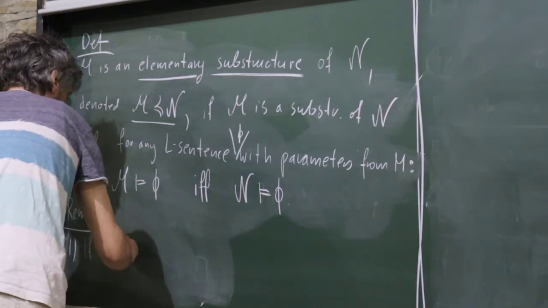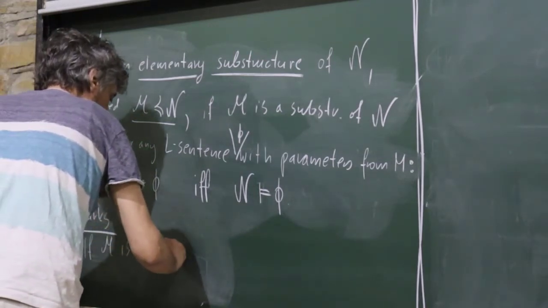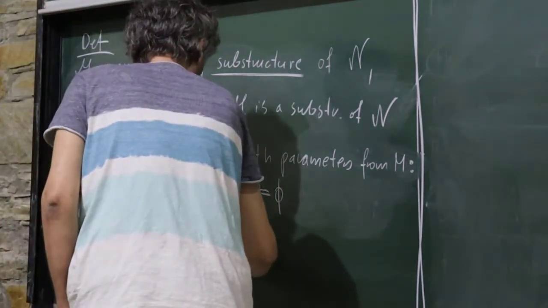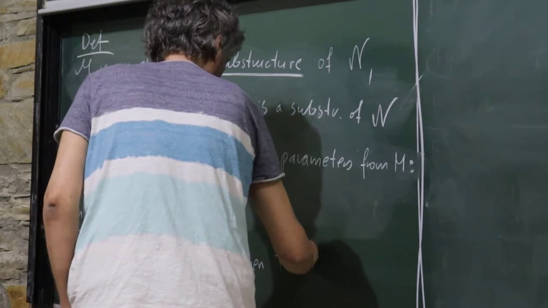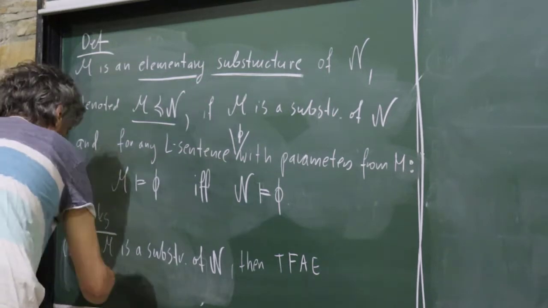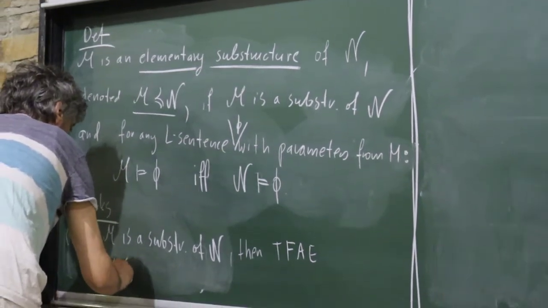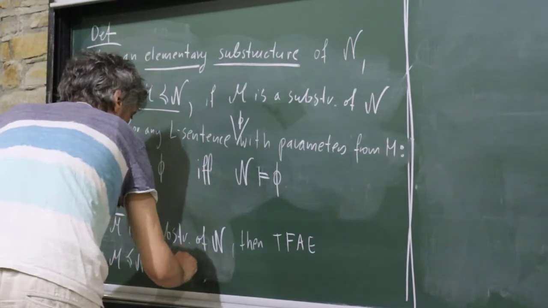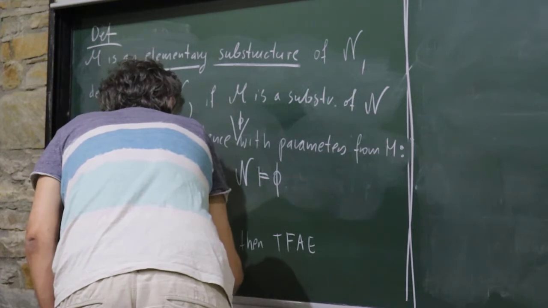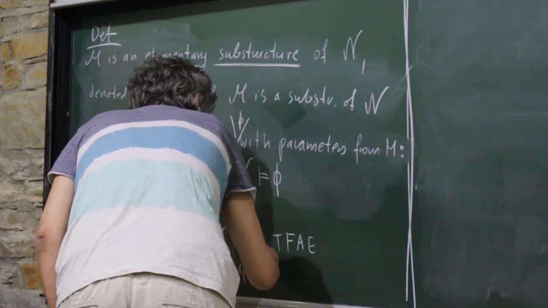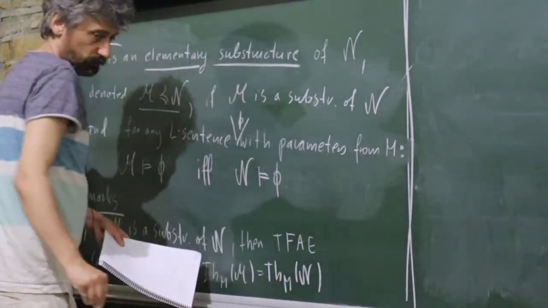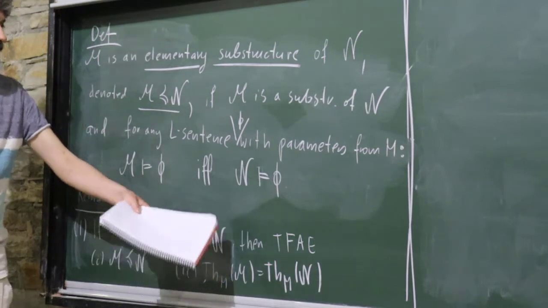If M is a substructure of N, then it is elementary if and only if theories are the same, if you remember this notation, but with the language containing parameters from M, exactly like here.